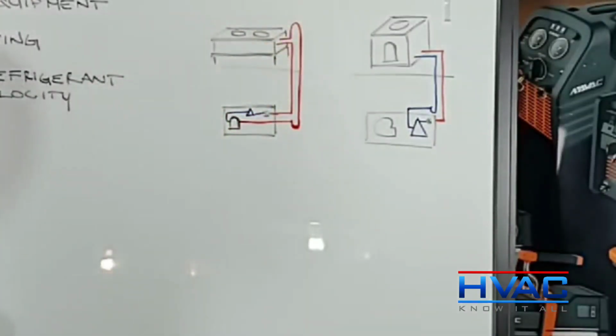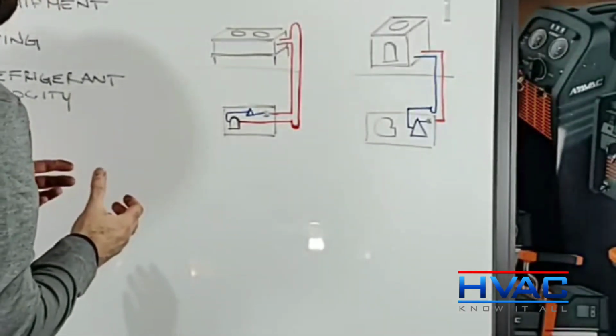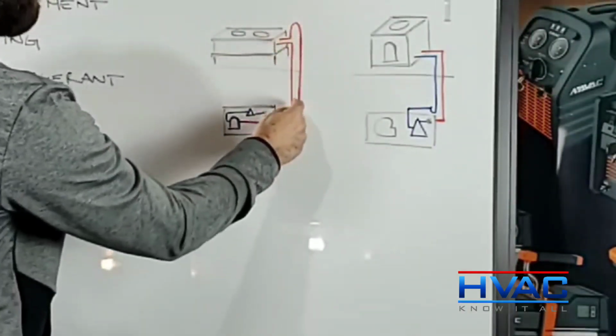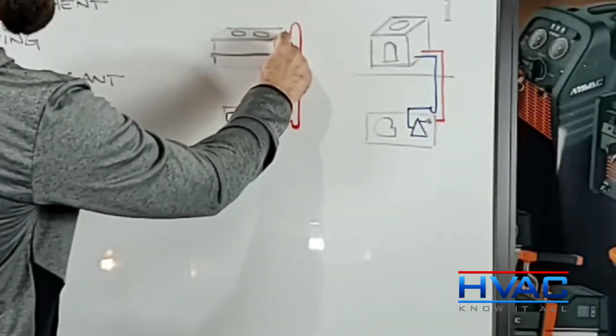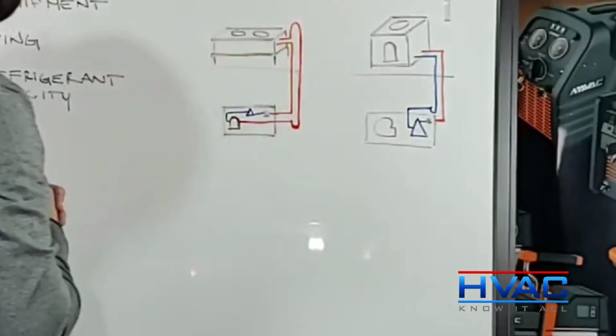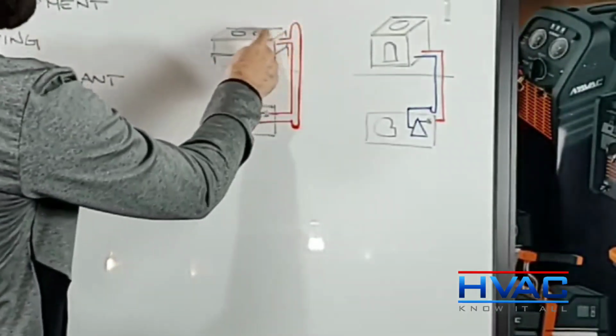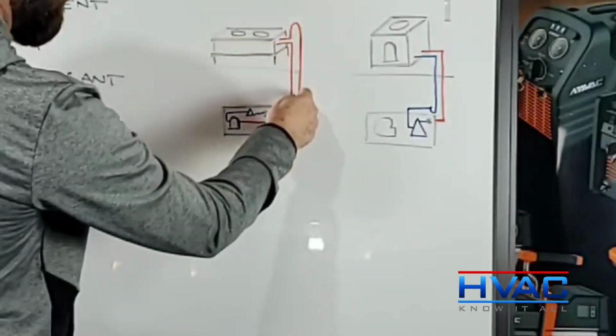That is really, really important, and I'll tell you why. On the off cycle, if this was just a straight piece of pipe, all the oil that's in here could start to drain back down, and we'd have to start this process all over again. So this inverted trap keeps the oil in the condenser so it doesn't fall back down.